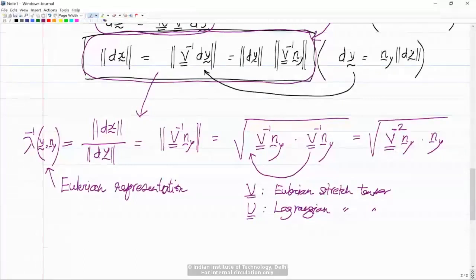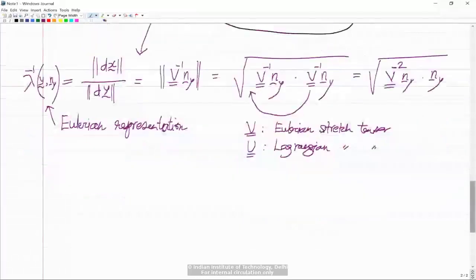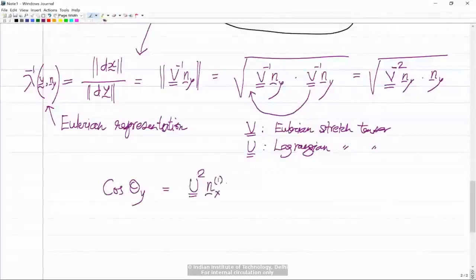Okay. You see, likewise, you can also write down the formula for theta, but in the reference configuration. You recall that we had cos theta y equal to U square nx1 dot with nx2 divided by lambda of nx1 into lambda of nx2, isn't it?